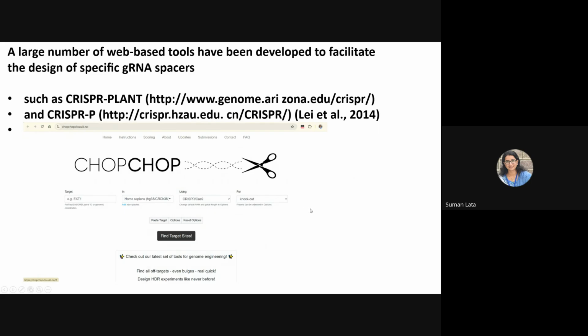One can insert the gene which one wants to target, the gene sequence or the gene ID can be given, and then the gRNAs are synthesized by the software. Then we can screen, there are many gRNAs provided, so we can select and use a few of them for our experiment.